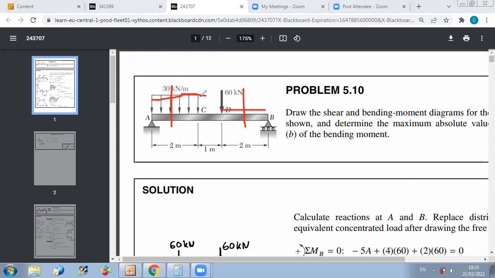You will have a continuous change in shear. However, from C to D, nothing is changing, so no change. Just at D, I have a concentrated force, so I have a downward jump. And after D, I will maintain a constant value. And this is, again, clear from the section method. From the section method, I will get constant value. And I can verify that this constant value is minus By, as we discussed before. Because By is plus 48, and I got that V is minus 48.